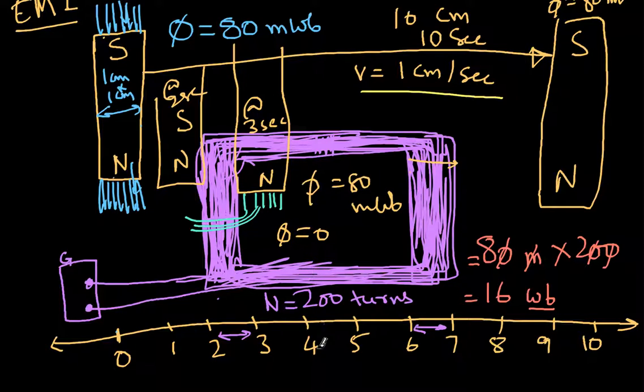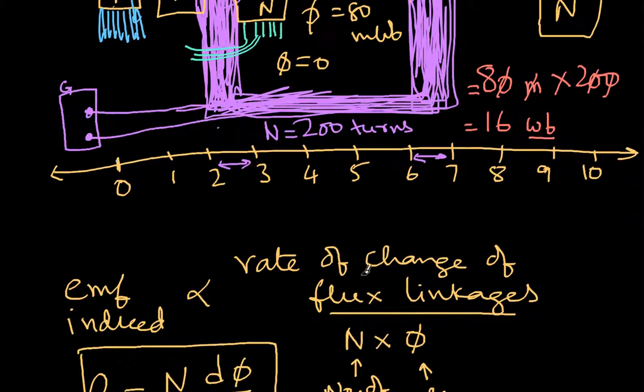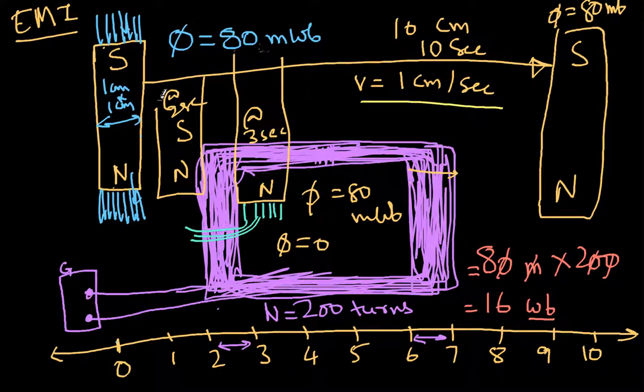If we don't worry about the direction, and worry only about the magnitude, we have seen that the total flux is 80 milliwebers. At position 0, the flux linking with the coil is 0, and gradually when the magnet comes to position number 3, the entire 80 milliwebers is linking with the coil. Therefore the flux linkages will become 80 milliwebers into 200 turns, that is 16 webers of flux linkages.